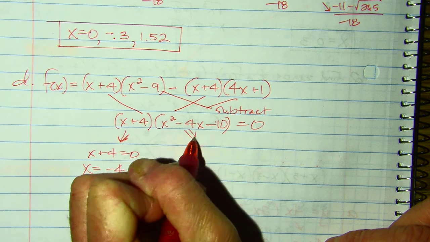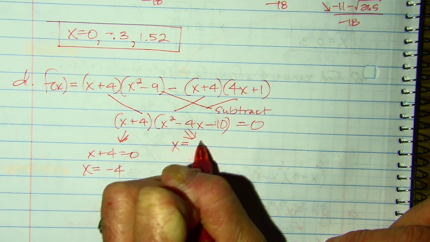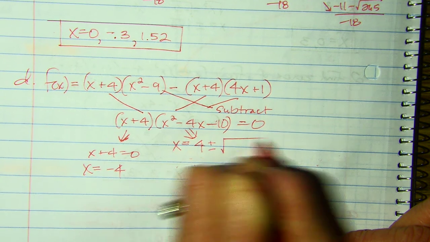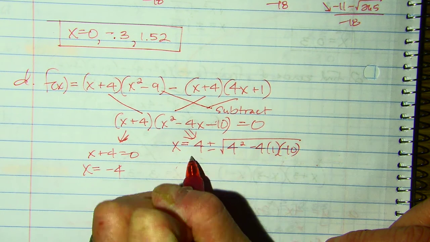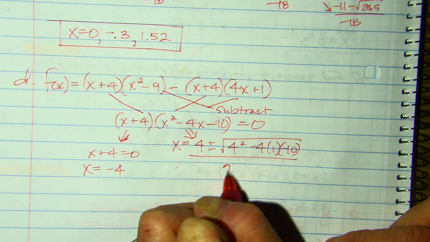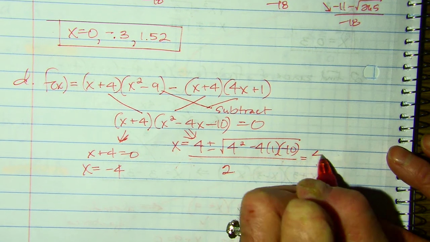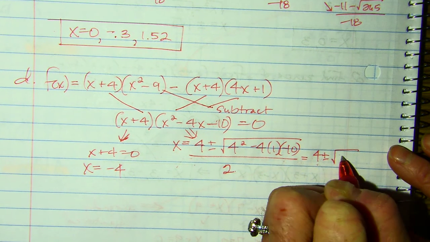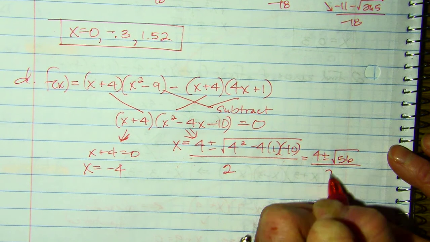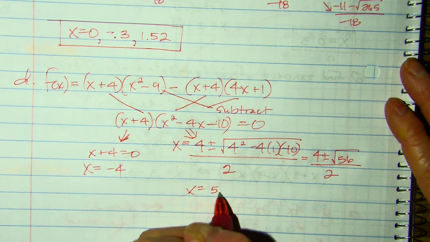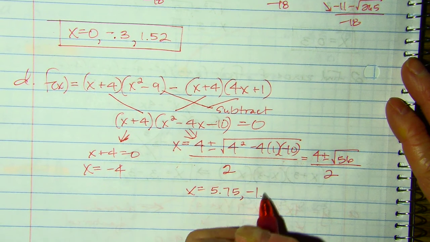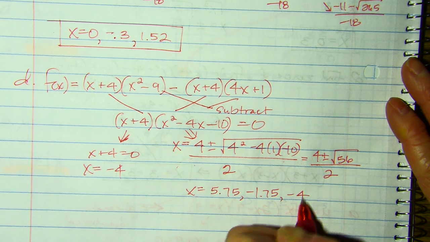This one here, quadratic formula. So x equals 4 plus or minus the square root of 4 squared minus 4 times a times c all over 2. That gives me 4 plus or minus the square root of 56 over 2. So x equals 5.75 and negative 1.75, and then the negative 4.